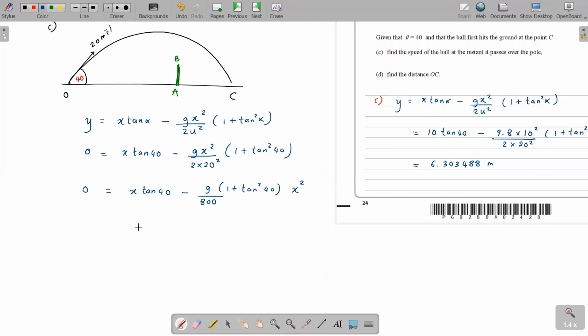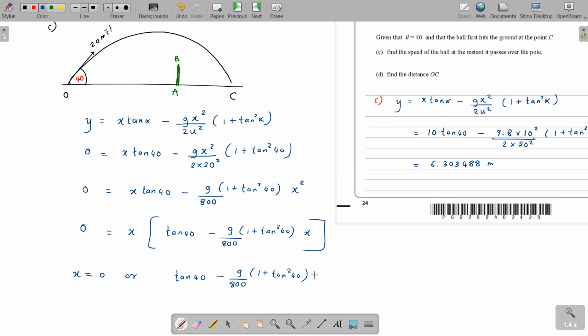When you take x out, we can factorize this because there are only two parts. I get tan 40 minus g over 800 into 1 plus tan squared 40, and there is one more x remaining here because I took one x out. So x is 0 or the tan 40 minus g over 800 times 1 plus tan squared 40, into x is 0.